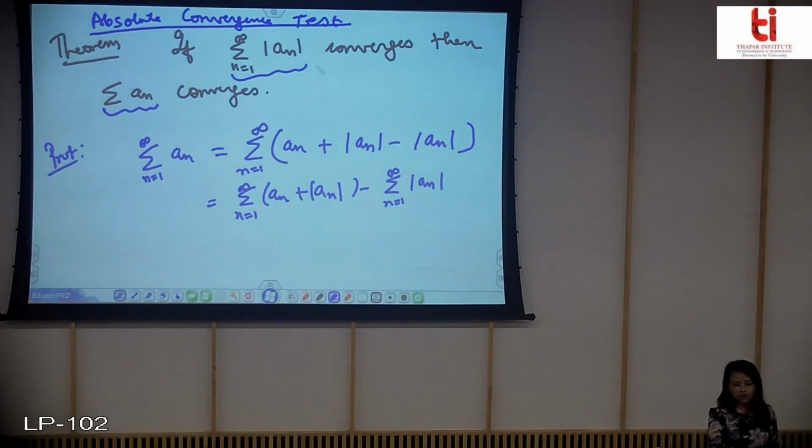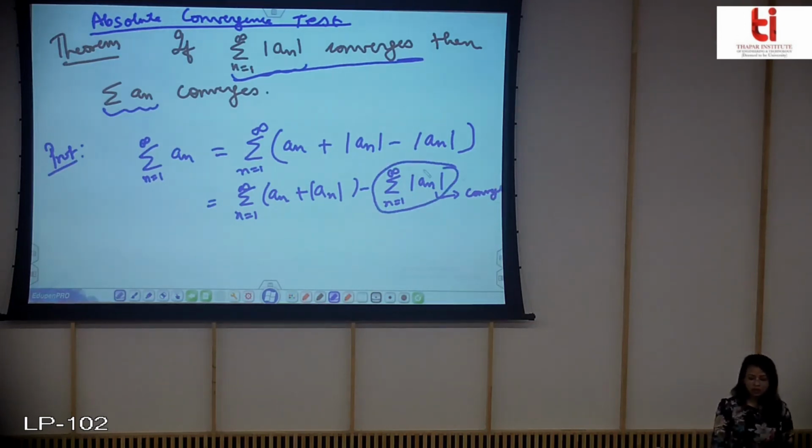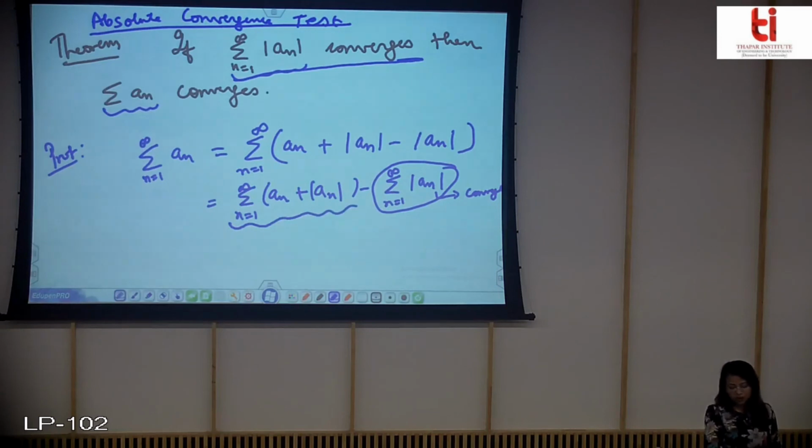What is given? It is given that if the sum of mod of an converges, that means this converges. We have one term that is convergent. Now we have to look at the nature of this series, whether it is convergent or divergent. So let's have a look.